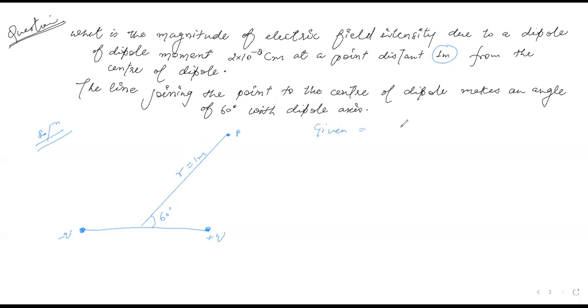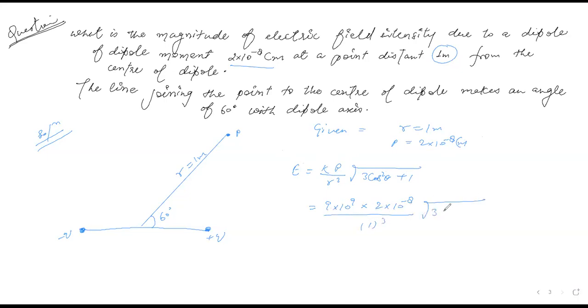Dipole moment P is 2 into 10 raised to the power minus 8 coulomb meter. Then E is equal to Kp over R cube root of 3 cos square theta plus 1. K is 9 into 10 raised to 9, P is 2 into 10 raised to minus 8, R is 1 cube, root of 3 cos square 60 degrees plus 1.